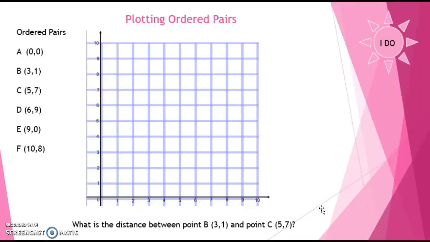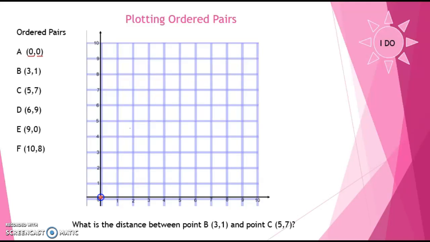Let's take a look at plotting ordered pairs. When we talk about ordered pairs, that means that we have two numbers. For example, we have a 0 and a 0. So point A that we're going to plot is going to be called our origin.